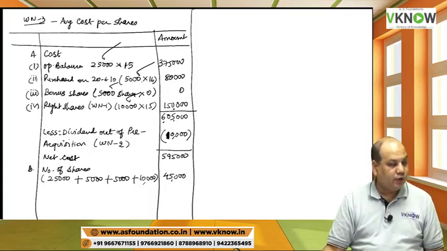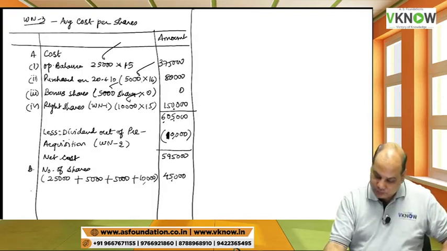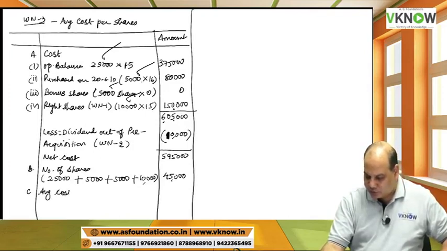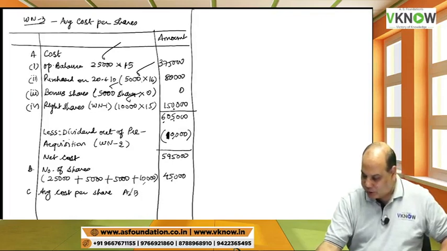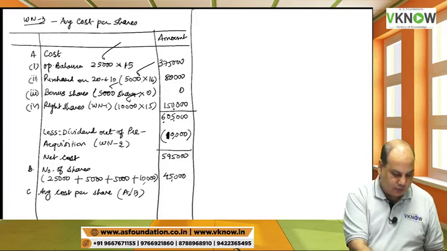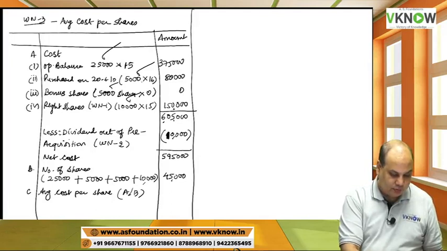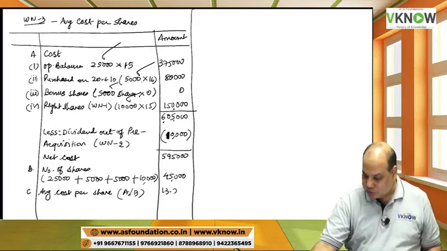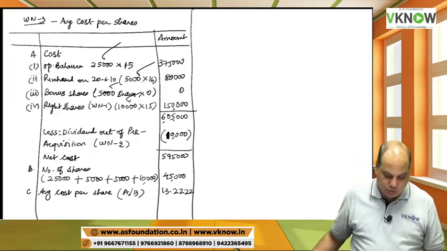So we have 45,000 shares at a total cost of 5,95,000. So point C, write down average cost per share. Average cost per share will be A divided by B. Take 5,95,000 divide by 45,000. 13.2222.